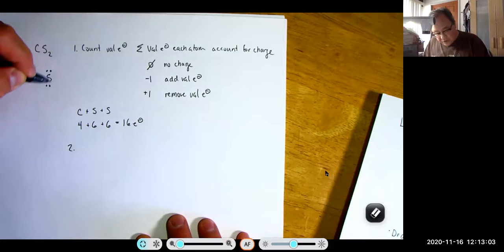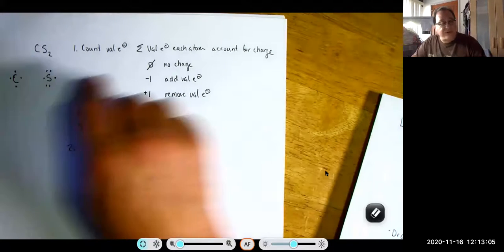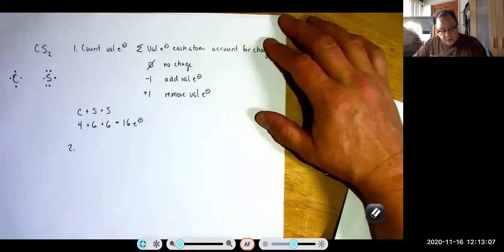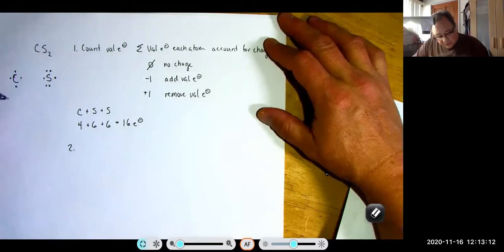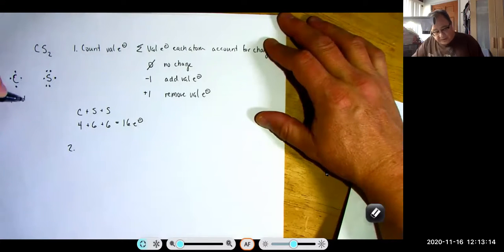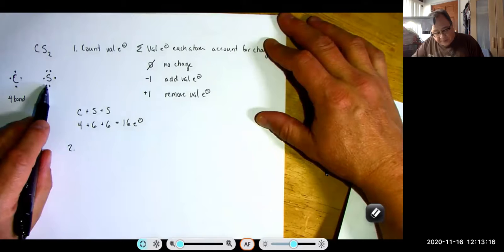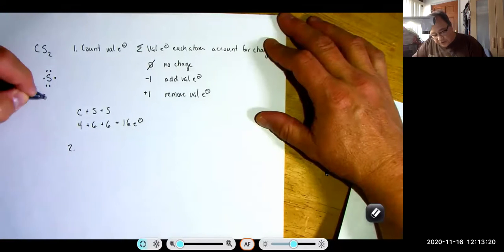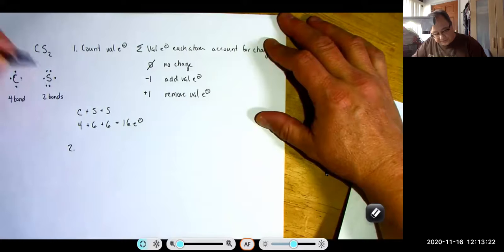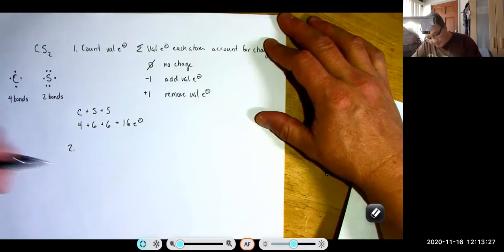And this is often how you draw their Lewis dot symbol. And if you want to know how many bonds they tend to make, you just count the number of single electrons. So 4 bonds. How many single electrons in the sulfur? Well, this is a pair, and this is a pair. So there's 1 single and 2 singles. So sulfur tends to make 2 bonds. So between the two, which one are you going to choose? You're going to choose carbon.